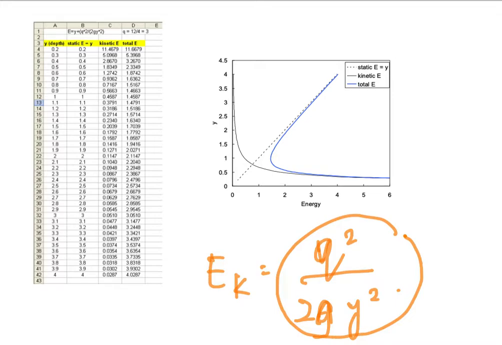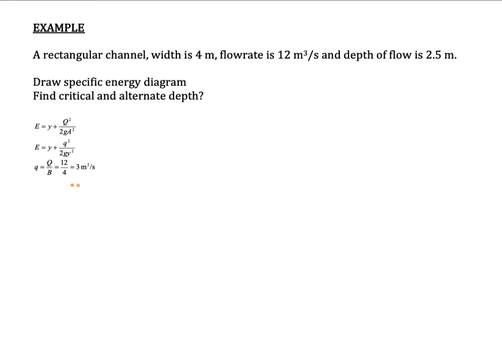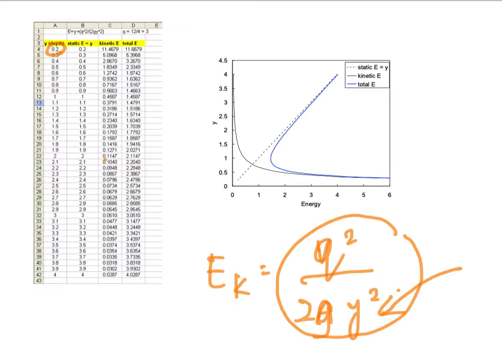Let's say the y is equal to 0.2, so we substitute the value of y, 0.2, and the value of q is actually calculated here. So we substitute the value and then we get the kinetic energy, which is equal to 11.4679. And if we do this in Excel, we could plot the graph, and the graph will become like this.